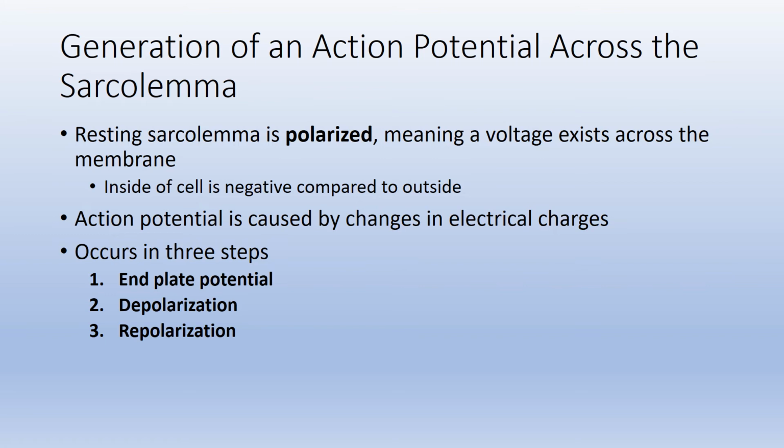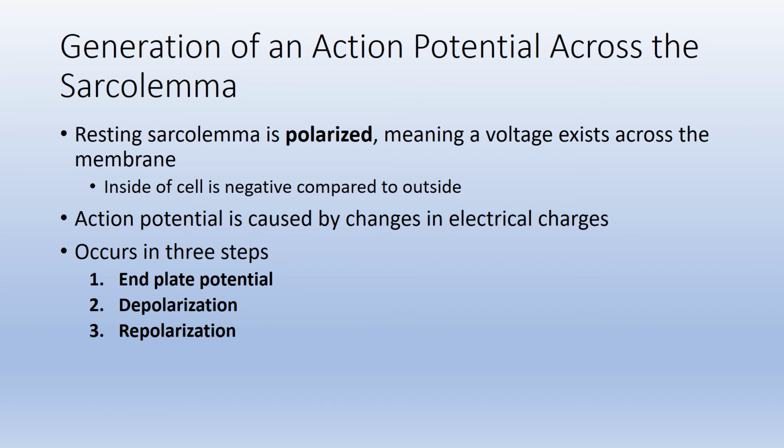If you were to stick a voltmeter inside of a cell, it would measure about -50 to -90 millivolts. That means that the inside of that cell is more negative compared to the outside. This also occurs when a cell is at rest, and when a cell is resting, it is said to be polarized.